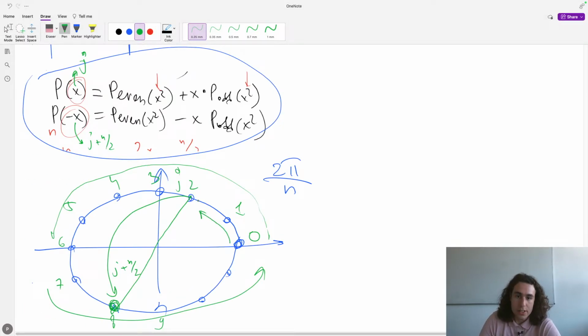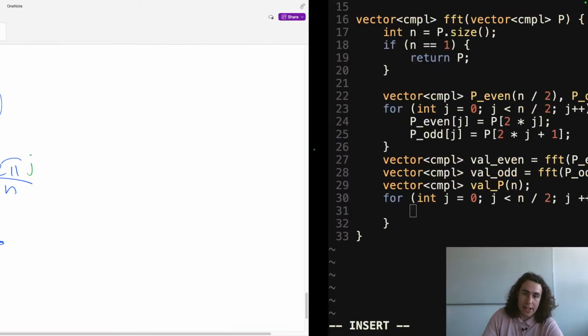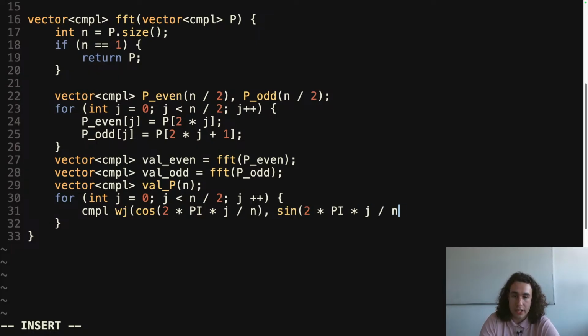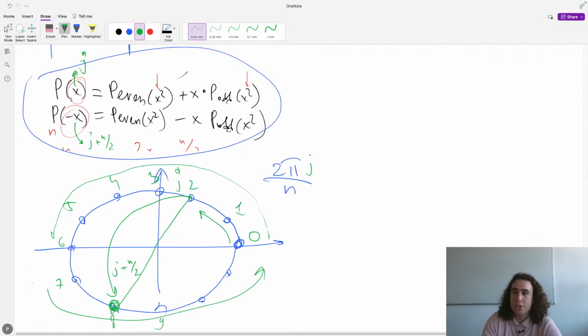Our angle is 2 pi j over n, and given the angle, we know how to compute our value. It's cosine of 2 pi j over n and sine of 2 pi j over n. And now we just use this formula, right? For the jth one, we just take this and this.